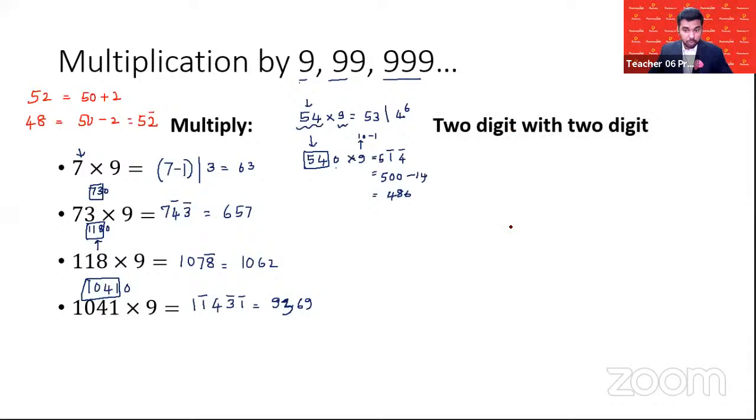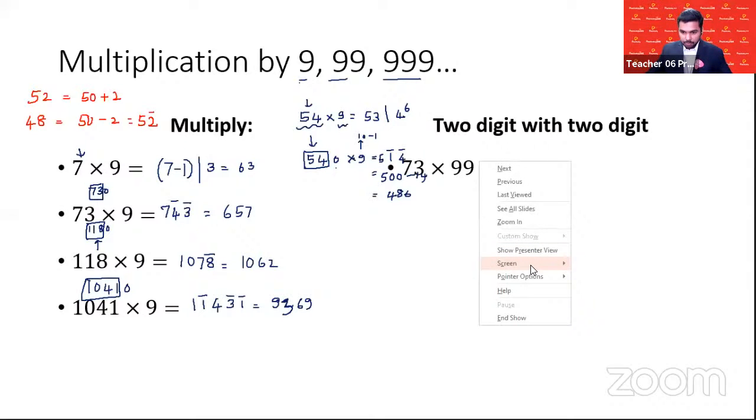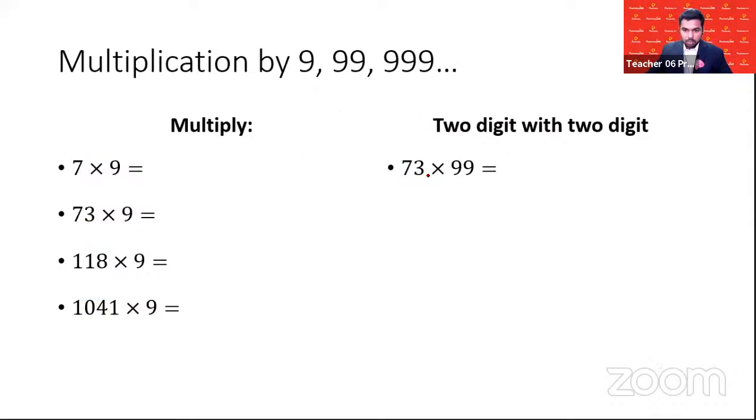This time we are going to do 2 digits with 2 digits. So let me just clear the screen for you so that it is visible. Okay. So we are going to do 73 multiplied by 99. So whenever you get the same number of digits to multiply, you can use this rule. What is the rule? Write one deficient from the number you are given. So we are going to do the number split.